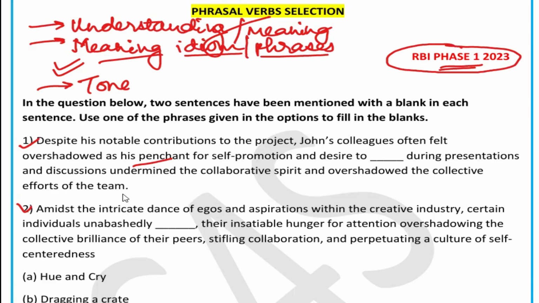So accordingly we get an idea that however much John contributed to that project, John's colleagues often felt left out because of his self-promotion and desire, which he gave out during presentations, and that this undermined the collaborative spirit, the spirit which the efforts of the team gave. All these things were overshadowed by John's desire and penchant for self-promotion. This is the understanding we get of the phrase.